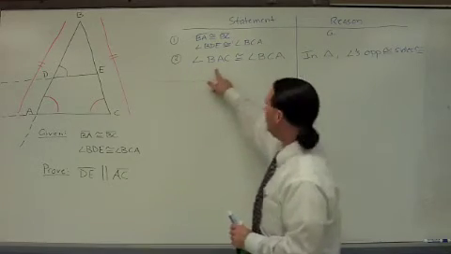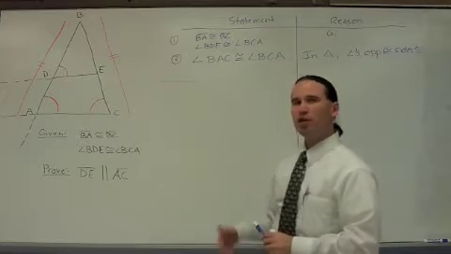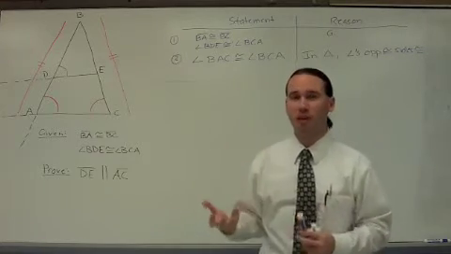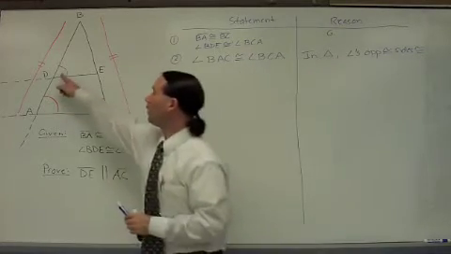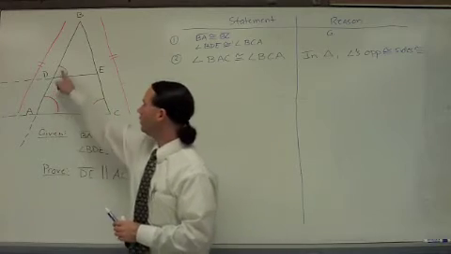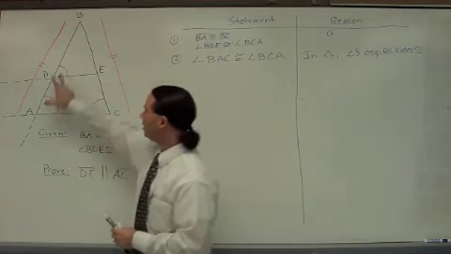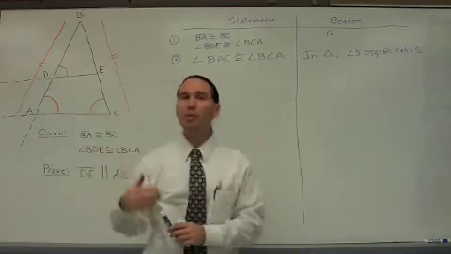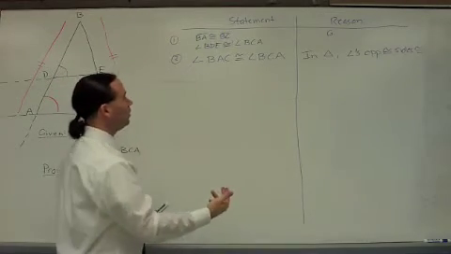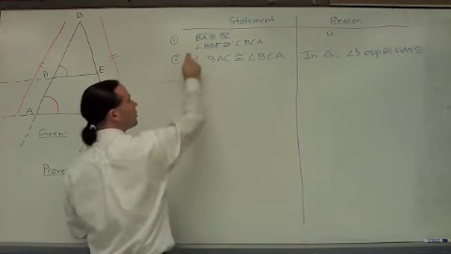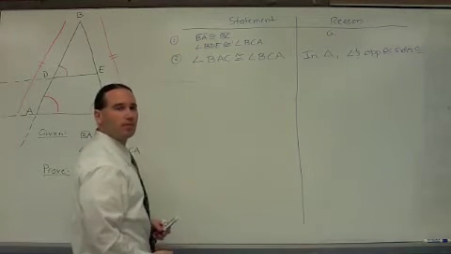So once we have BAC congruent to BCA, there should be something else jumping off the page at you right now. We kind of saw it already when we labeled our picture, right? If these angles are congruent and these angles are congruent, then it's obvious that these two are congruent. How do we put that in our proof? Well, if you look at these 2 lines, you should see a substitution.